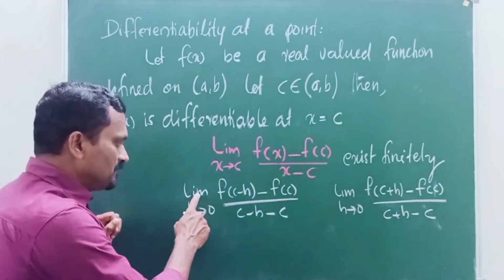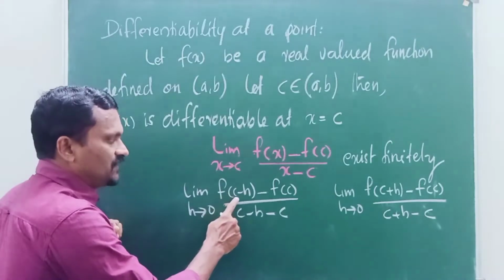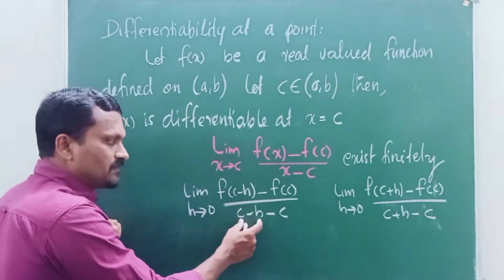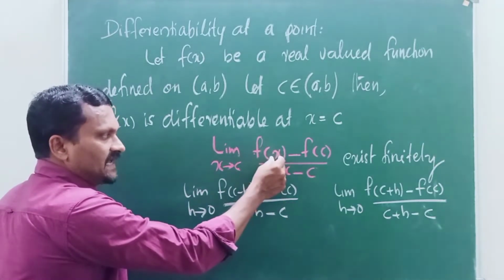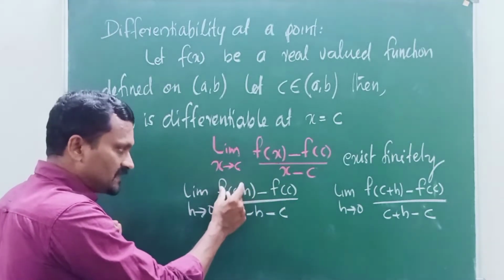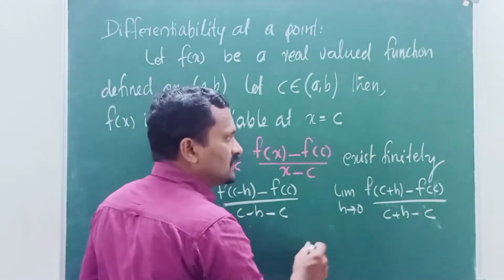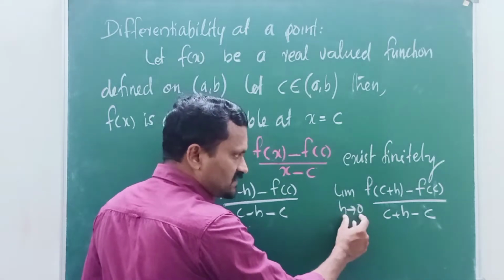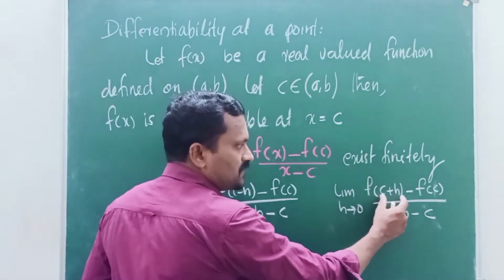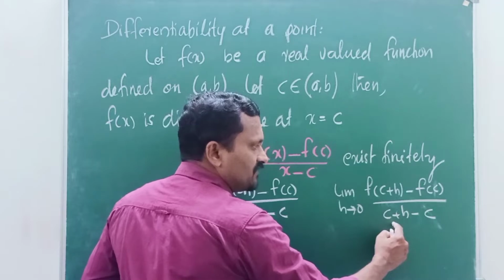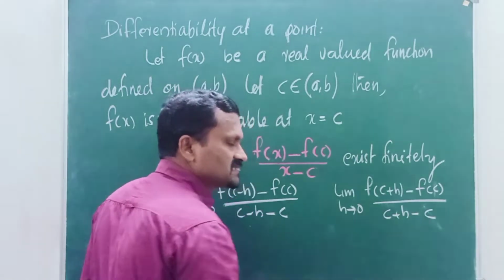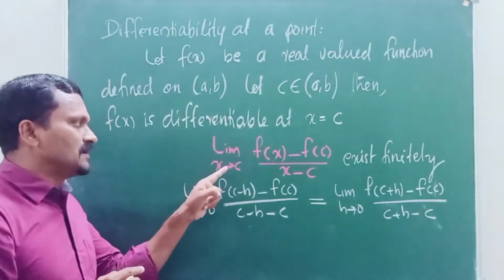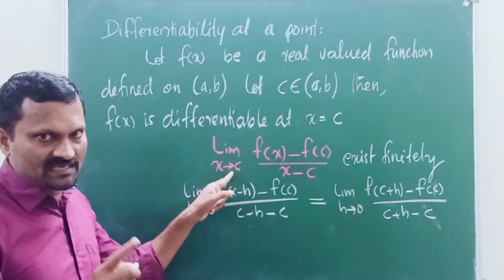That is, the limit as h tends to 0 of (f(c minus h) minus f(c)) divided by (c minus h minus c) is the left limit. For the right limit, put x = c plus h, that is, the limit as h tends to 0 of (f(c plus h) minus f(c)) divided by (c plus h minus c). If they exist and are equal, then only the limit at x = c exists.